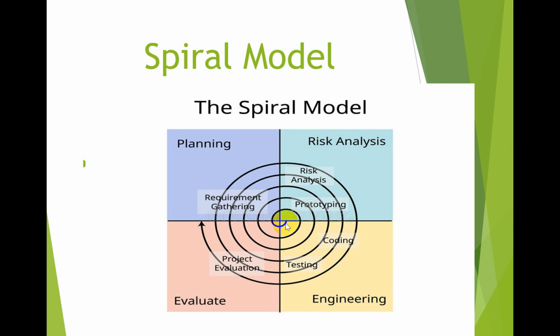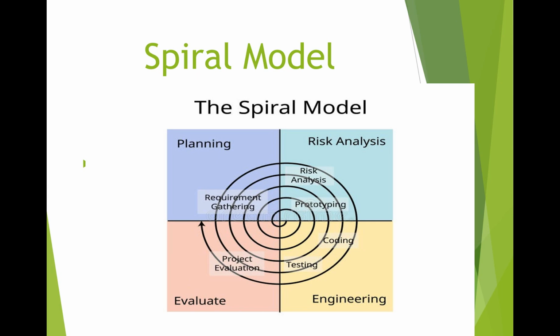Once the cycle is completed, whatever requirements we got after the first cycle started, and the first cycle's maintenance work, will go in the second cycle. Likewise we go for the third cycle, likewise the fourth cycle.